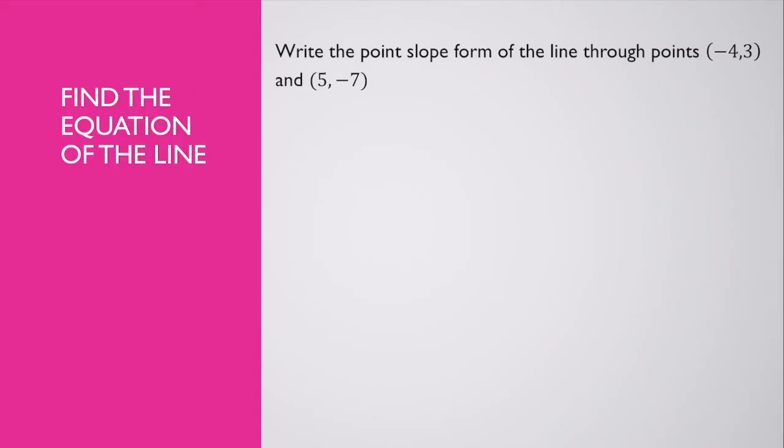So for the last example of this section, I want to write the point slope form of a line through points negative 4, 3, and 5, negative 7. Okay, now in order to use point slope form, I need to know my slope. Well, luckily I can go ahead and calculate my slope.